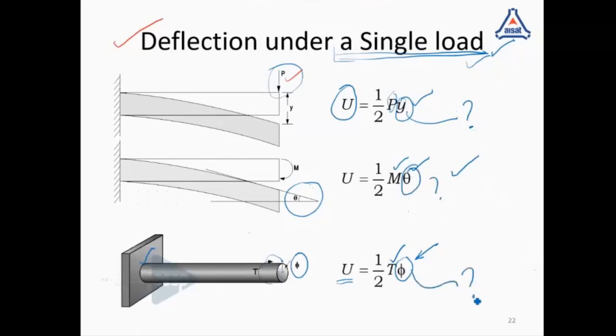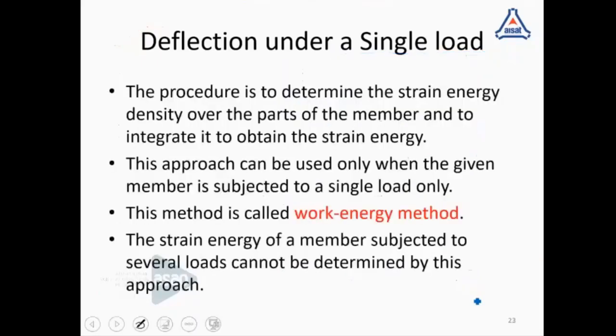This deflection can be determined. So the procedure is like this. The strain energy density is to be determined and integrated to obtain the strain energy. Or if a standard formula is available, we can directly use it to determine the strain energy. And this can be used only for single loads. The method is also called the work energy method.